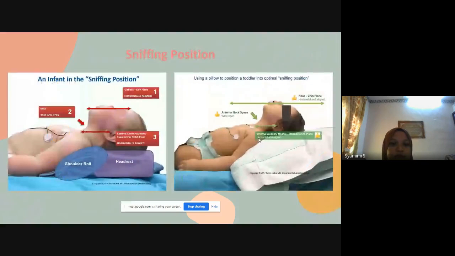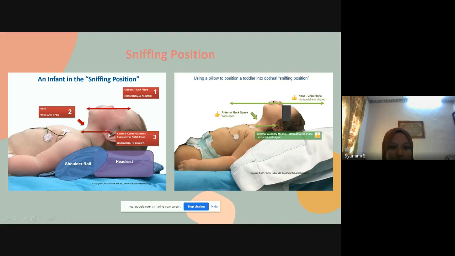Okay, this is the sniffing position. You can see this one is for infant. This one is for toddler. You can see the glabella, which is the site between the eyebrows. So it needs to be horizontally aligned. The neck needs to be wide open.